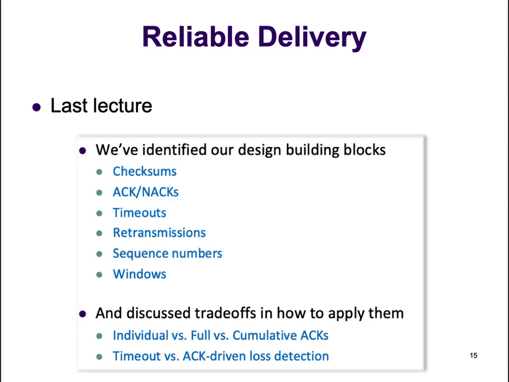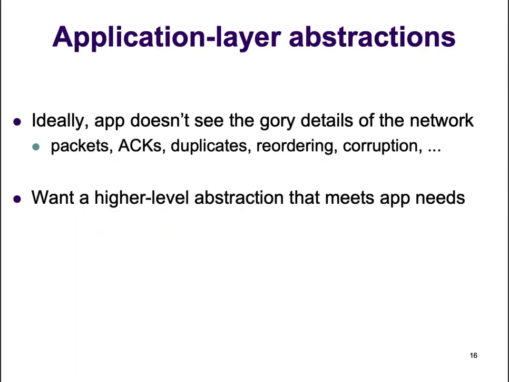No? Good? Okay. So the next one is this notion of application layer abstractions, right? The application does not want to have to reason about duplicate packets, retransmissions, corrupted packets, IP packets, any of that. And so instead, we want a higher level abstraction that the application is happy to reason with. Any thoughts on what would be a good abstraction for applications?